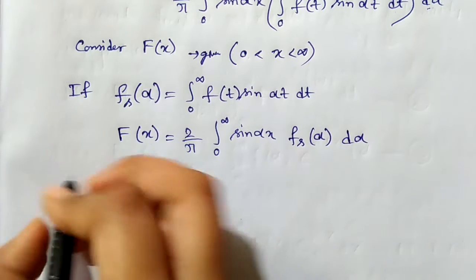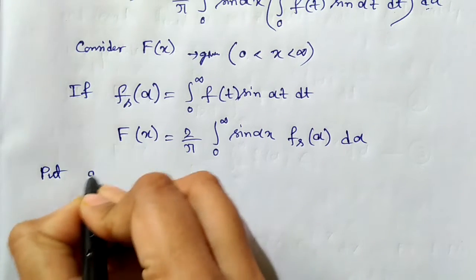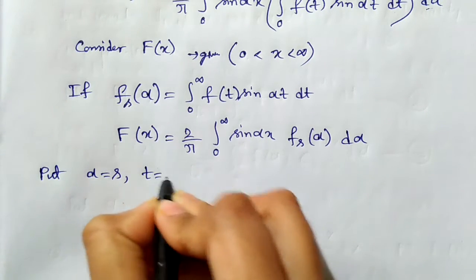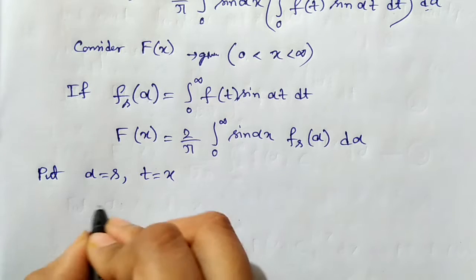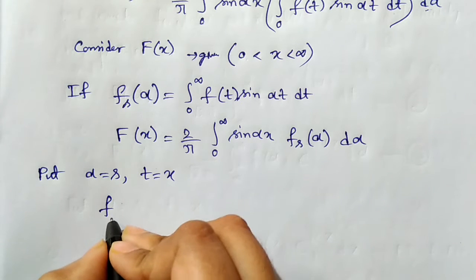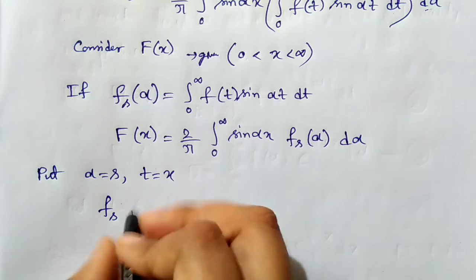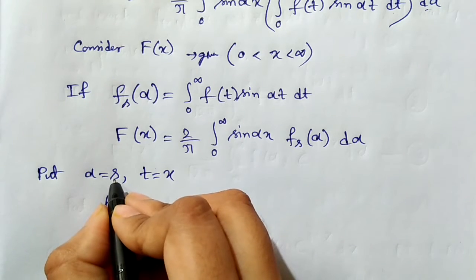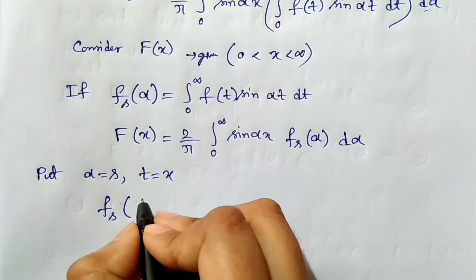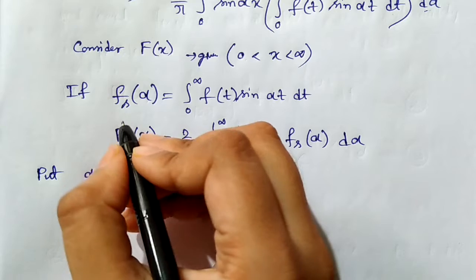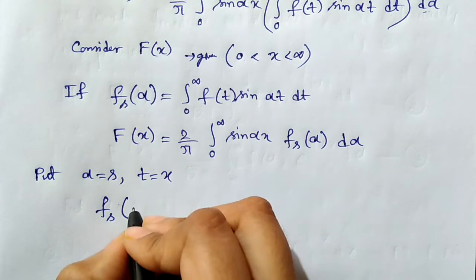Next, put alpha equal to s and t equal to x. Here s is just a variable, and Fs is just a notation for the sine formula.